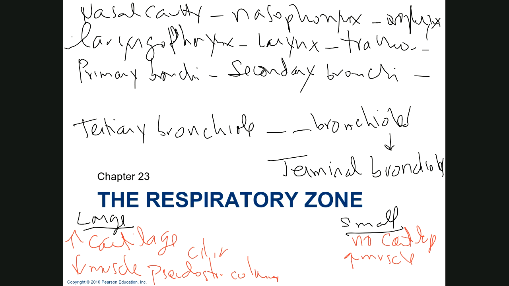The tissue is cuboidal with very little cilia, so hardly any cilia left. Now remember that pseudostratified columnar epithelium with the cilia is protected because of the cilia, because of the mucus it secretes. So as the cells become progressively smaller, and with less cilia, they're less protected. So the further we go into the conducting zone, the less protection there is from invaders, etc.